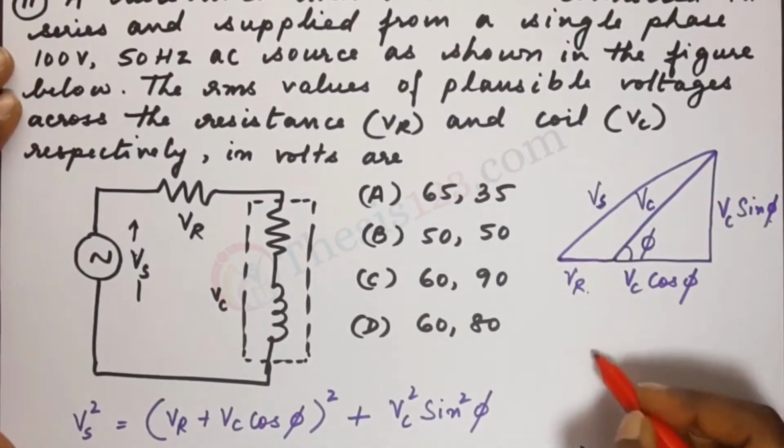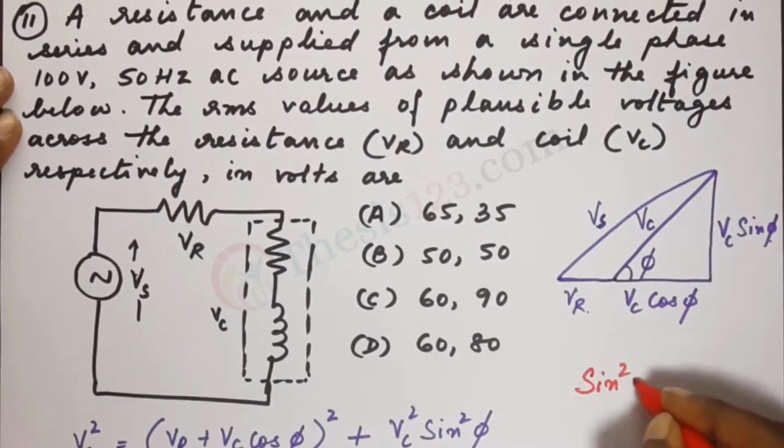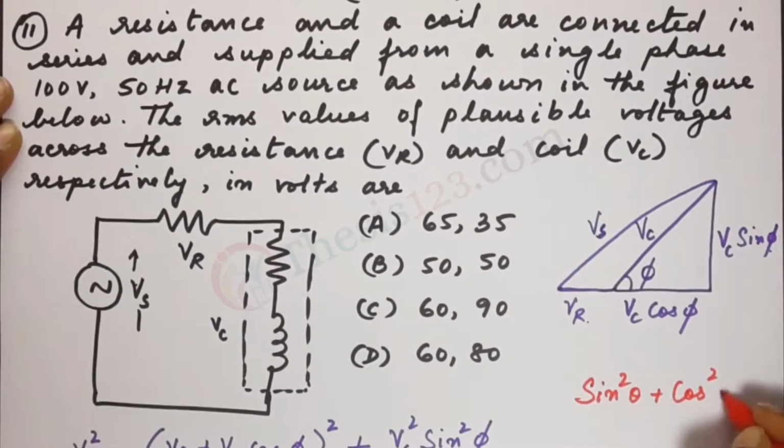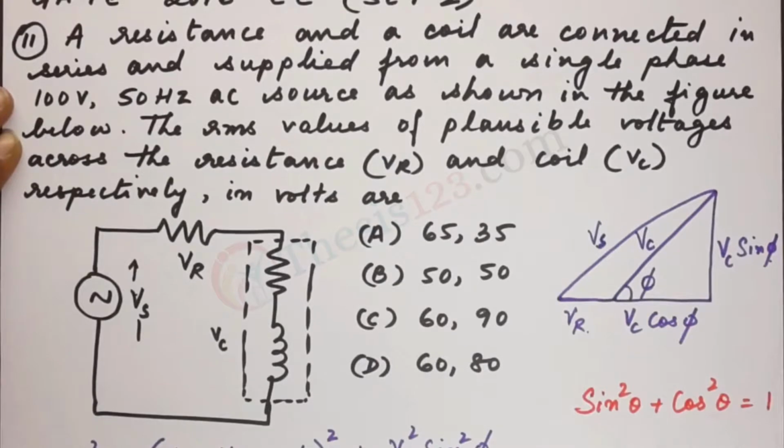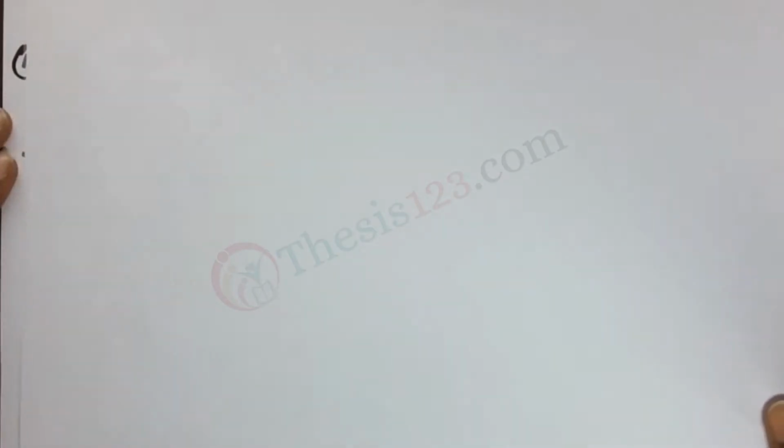Now the VC square cos square phi and VC square sin square phi terms combine to give 1, since we know the relation that sin square theta plus cos square theta is equal to 1. So let's simplify.